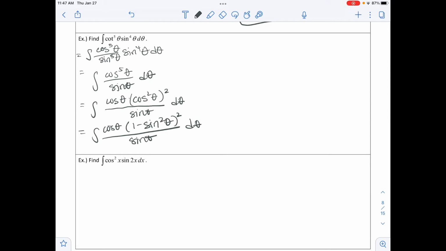And so from here I'm going to let u equal sine of theta. And then my derivative, my du, would be cosine of theta d theta.